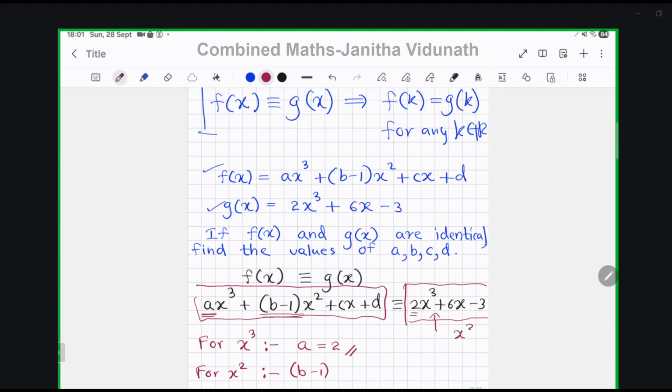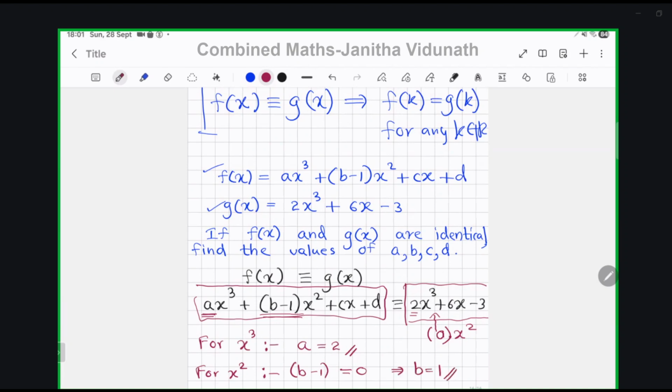That means the coefficient of x square should be 0. We have already learned that: if there is no term, then the coefficient should be 0. Then on the left hand side the coefficient is b minus 1, and on the right hand side the coefficient is 0. Then this gives b is equal to 1.